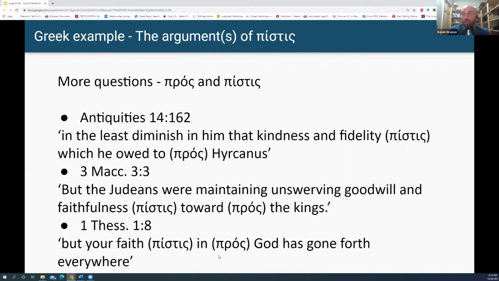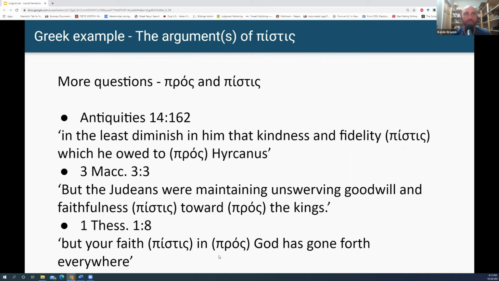Even in English, we say this all the time: "believe in," not just "believe." If you say, I believe in whoever, it's different than just believing someone. And so the point is that these are not parallel examples.